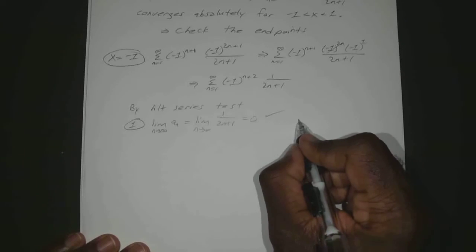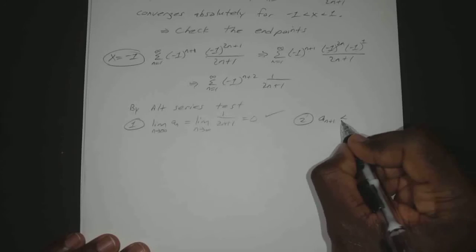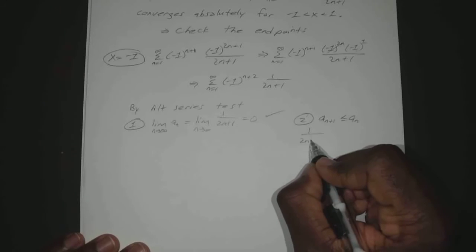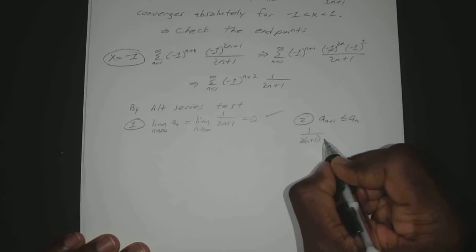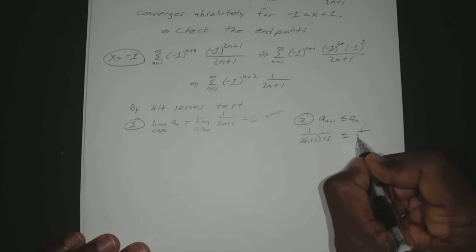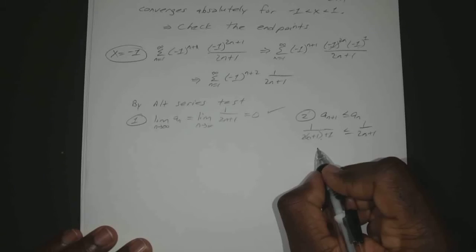And second, our a sub n+1 has to be less than or equal to a sub n, which means 1 over 2 times (n+1) has to be less than or equal to 1 over 2n+1. So that's 1 over 2n+3.